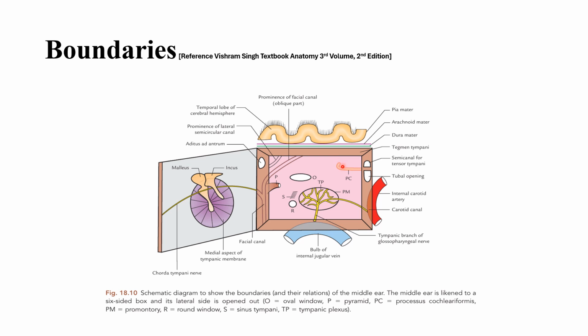This hockey stick like structure, just above on the medial wall, is this white colored semicircular canal, and this is where the tensor tympani is connected, and there is this long opening. The nasopharyngeal tube opens here, which is also called the auditory tube. The auditory tube is opening here.